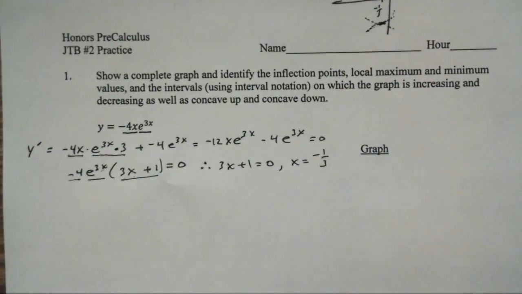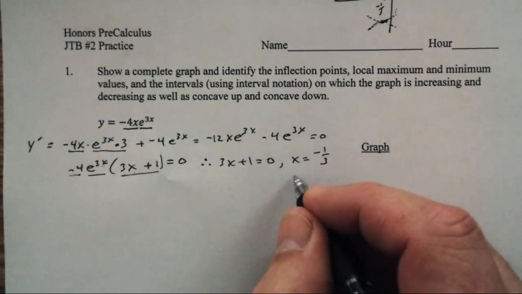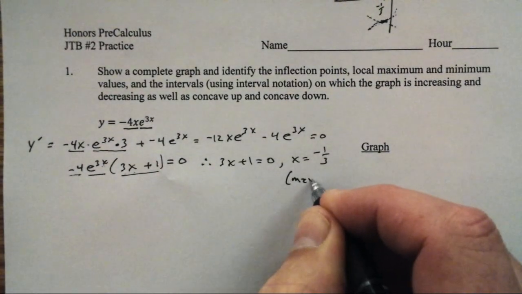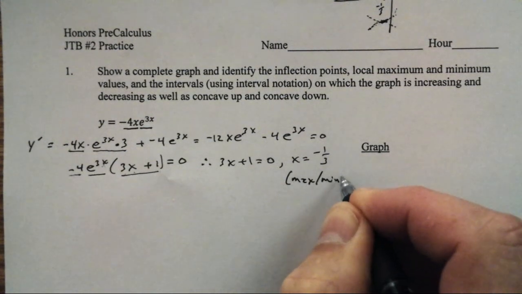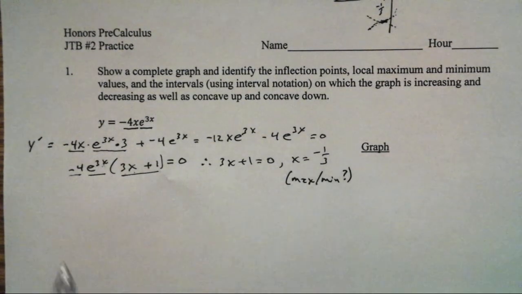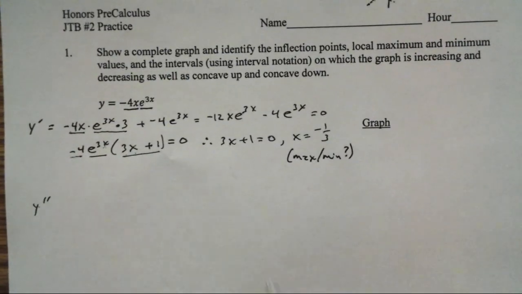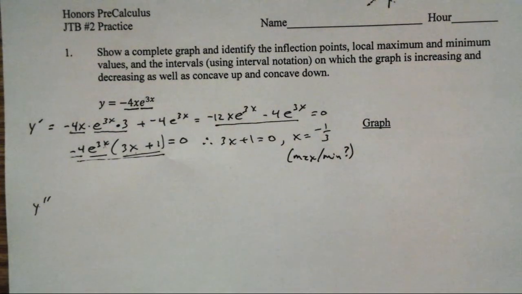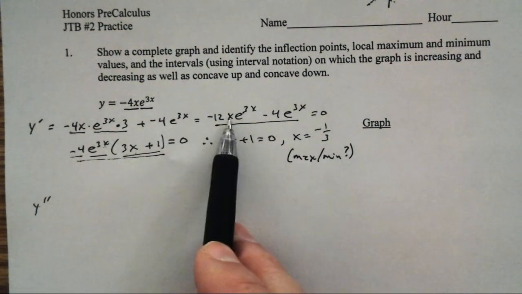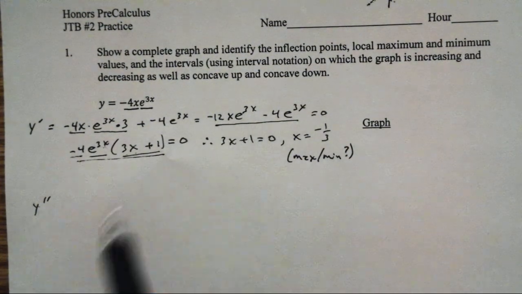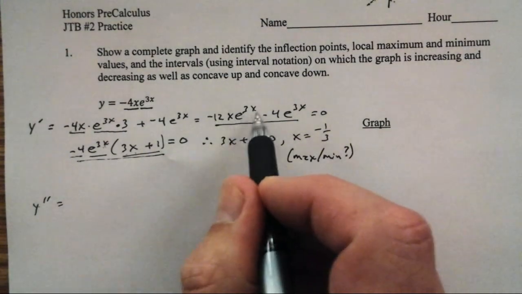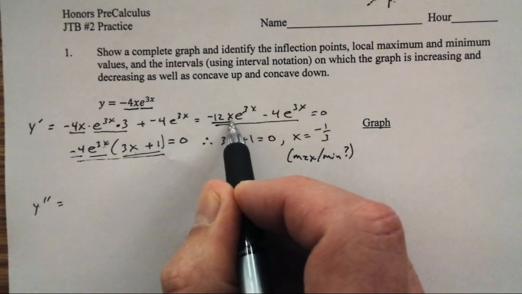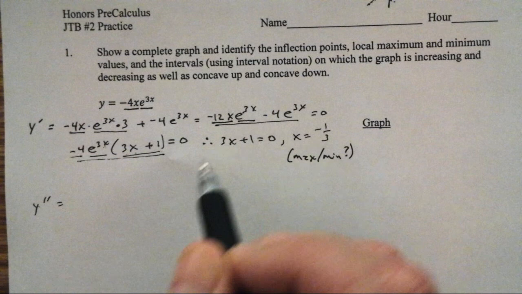Okay. Let's find second derivative. In fact, I'm just going to put here max min, so we can come back to that. For the second derivative, I'm going to build the second derivative off of this. You could certainly build it off of this as well and have an extra product rule in there, but I'm going to go term by term through here. So the derivative of this first function, once again, we have a function of x times a function of x.